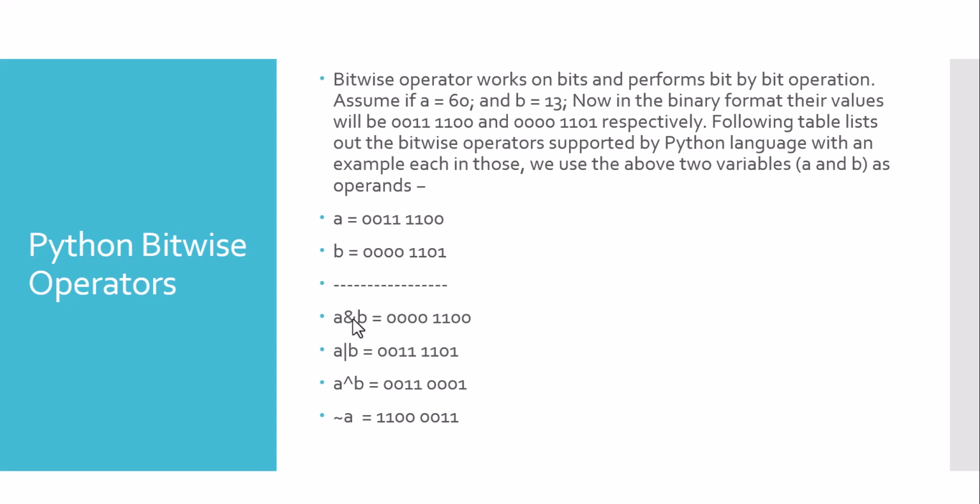This is the symbol of AND, this is OR, this is XOR, and this is the binary ones complement. Then if a and b, you will get this one. If you do a or b, you will get this. Similarly we do the operations in the bitwise operator. We can see the index also.